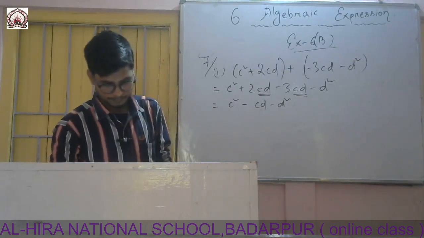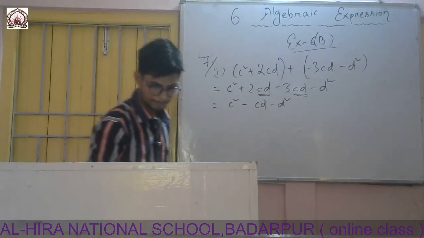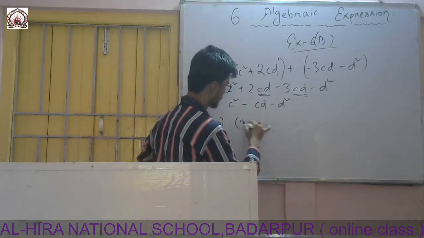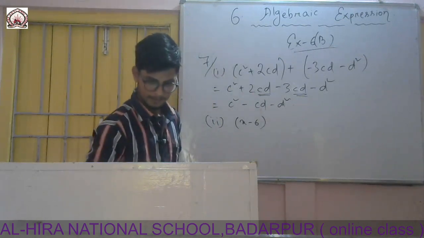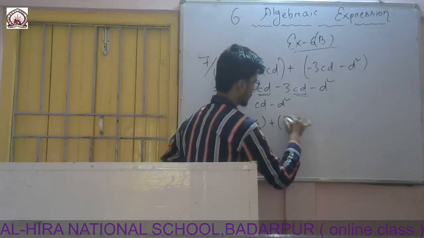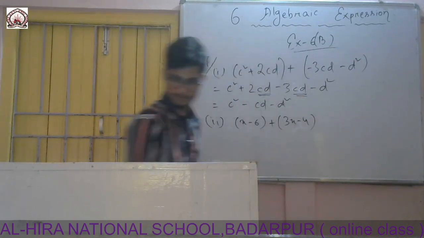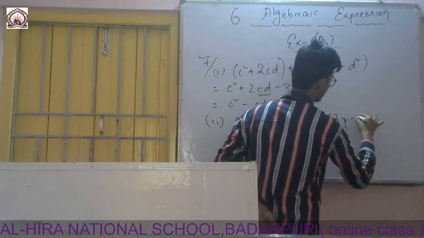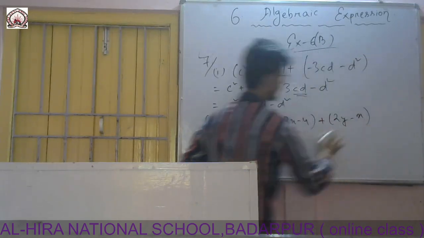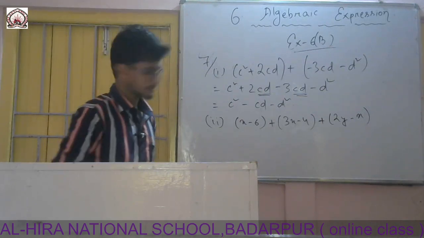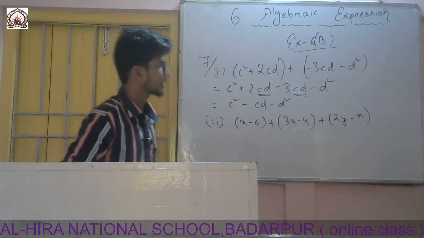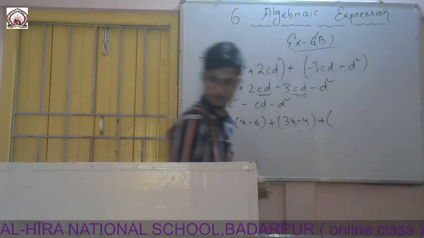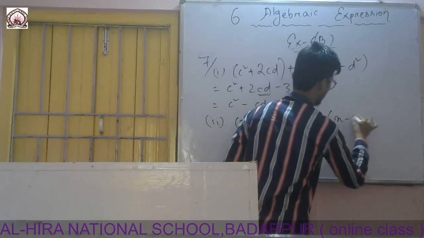And now Roman number 2. x minus 6 plus 3x minus 4 plus x minus 1.